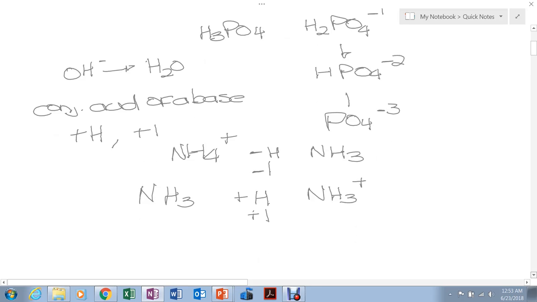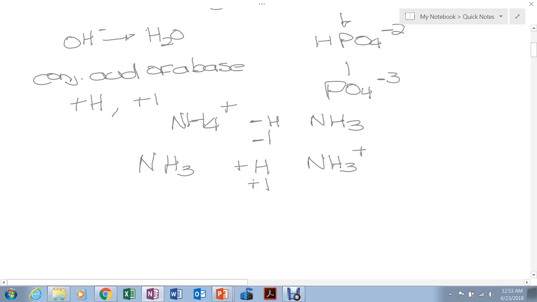HSO4, conjugate base, take 1 hydrogen, and the charge should decrease by 1. So HSO4, charge is 0, now it's going to be negative 1.